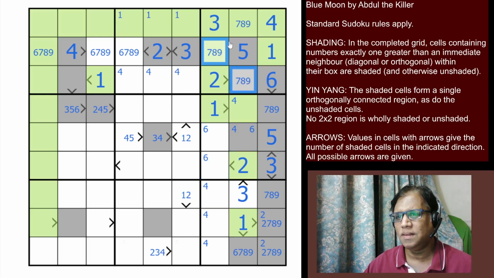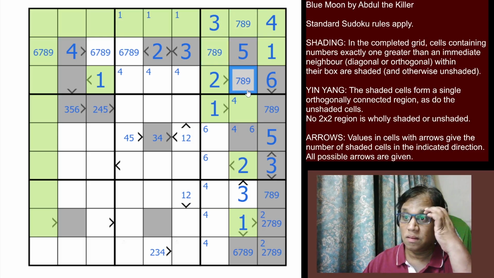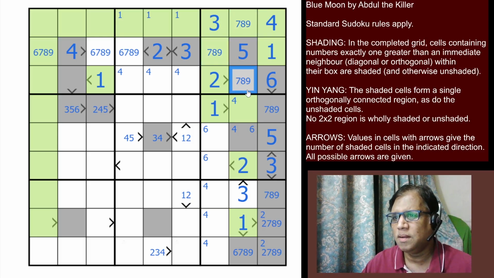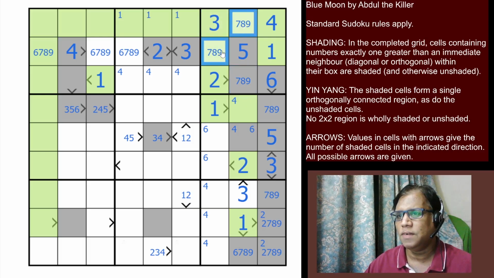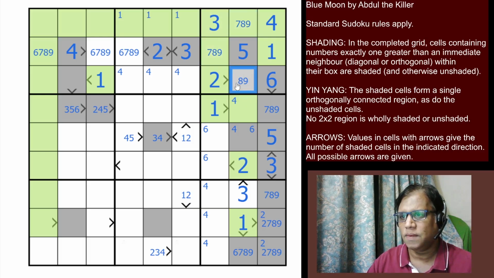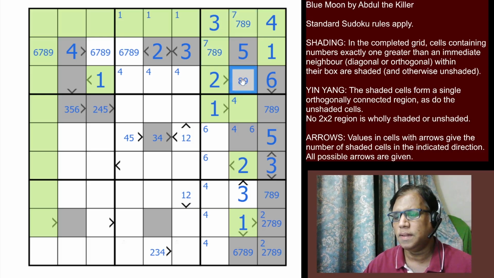If that's 7, that's 8, 9. It is not possible, right? That can't be 7 now, because if that's 7, that's 8, 9, and both are dark. 9 cannot be possible there. That can't be 7. So 7 is one of these, that's 8 or 9.